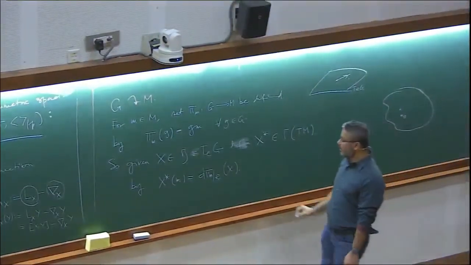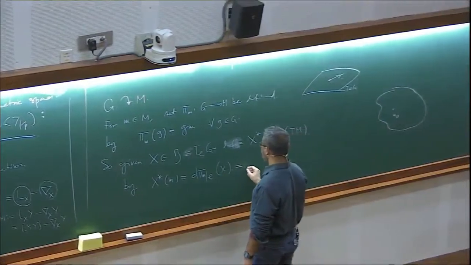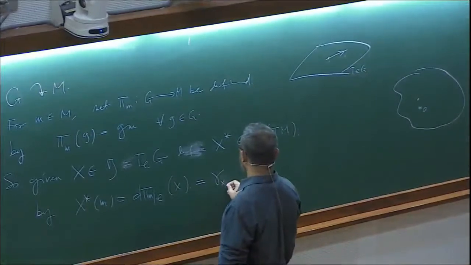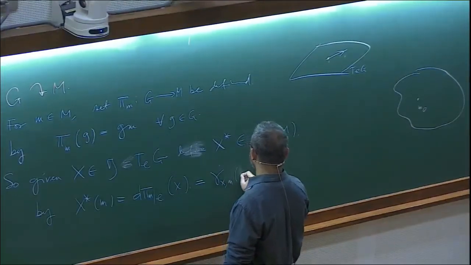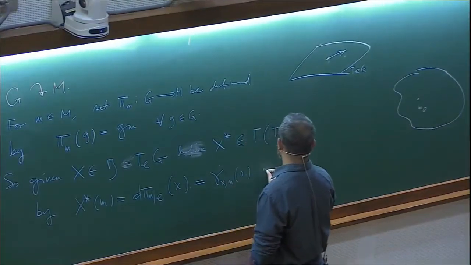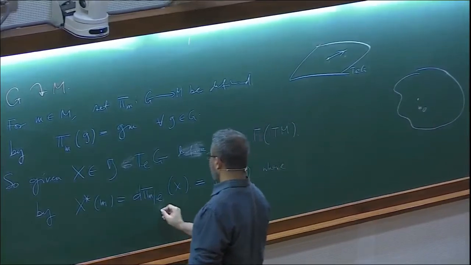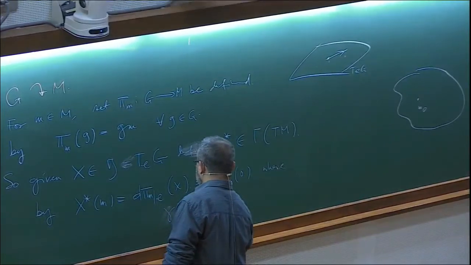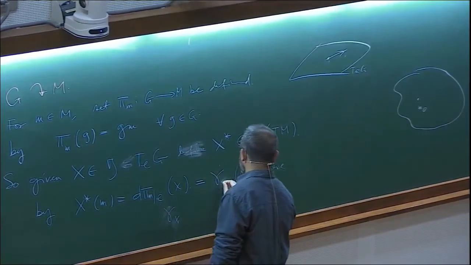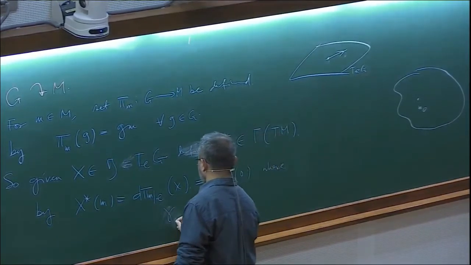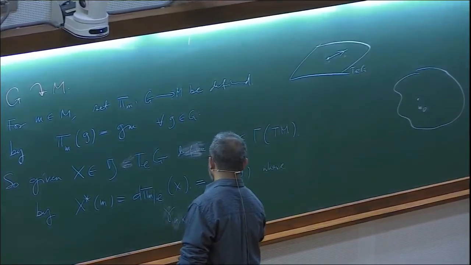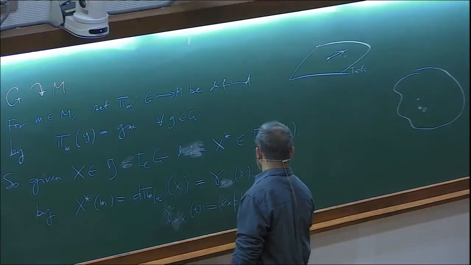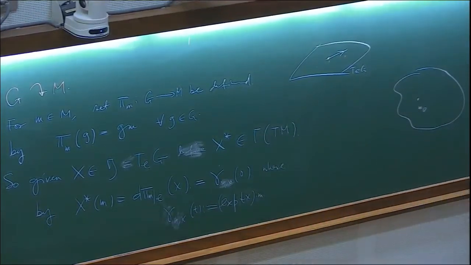This is the same as considering the curve gamma m, X of t, defined by exp of tX times m, for all t.